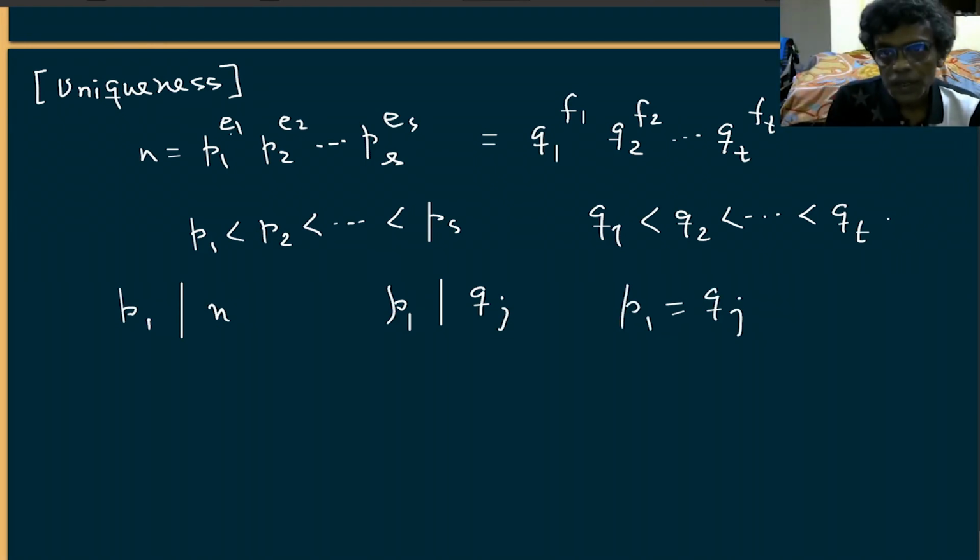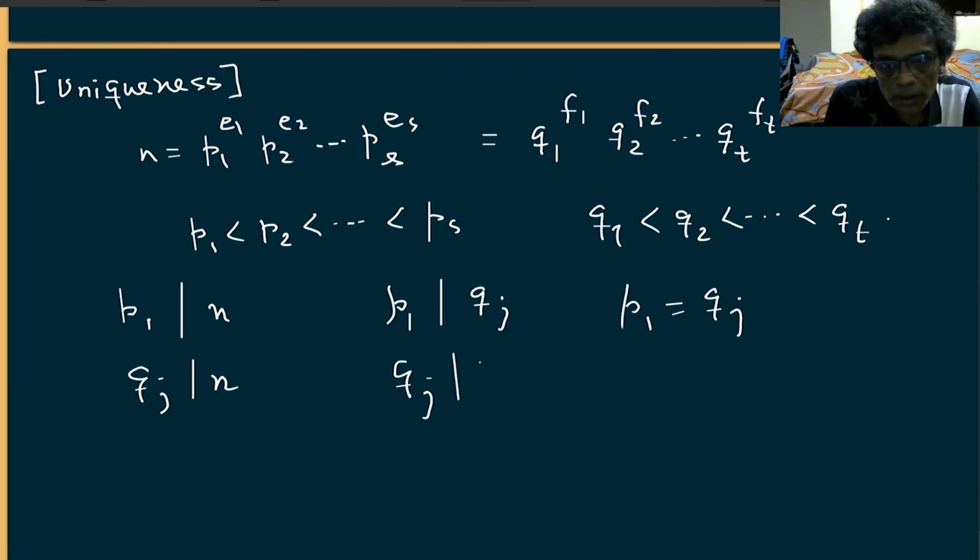Now, once again, if I do the same thing, Qj divides n. Qj divides this product, and once again, by this result, Qj must divide some Pi, that is, Qj is equal to Pi.